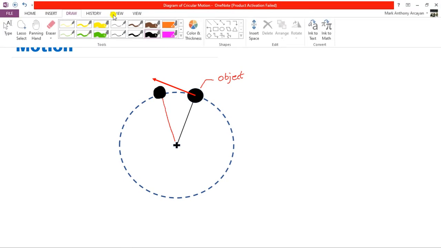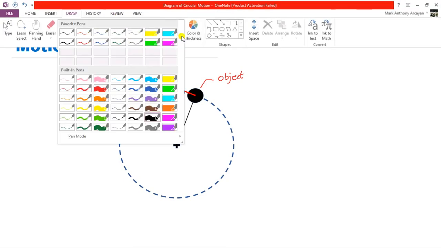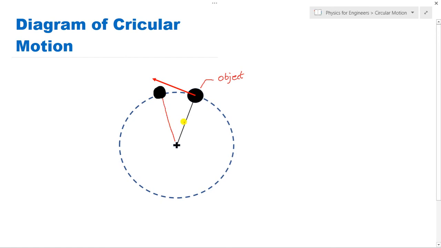Therefore, on that particular position, it displaces at a certain angle theta, diba? And then it also has a distance, kasi ito is an angular displacement theta, and then of course it has a distance.